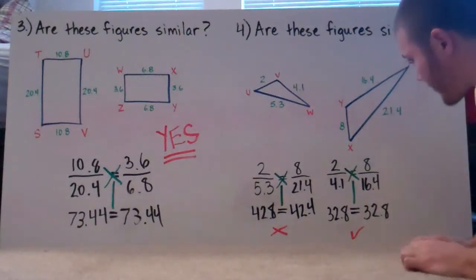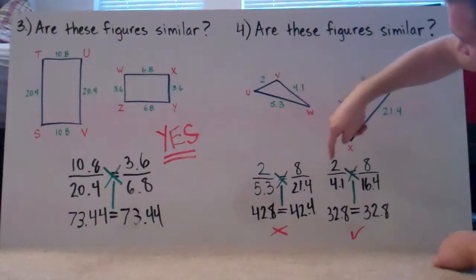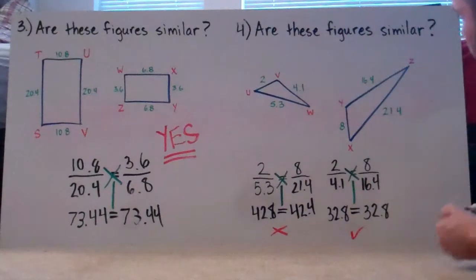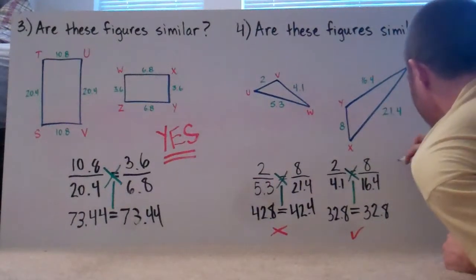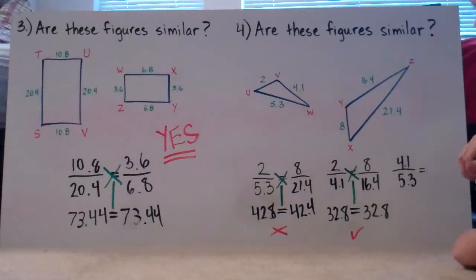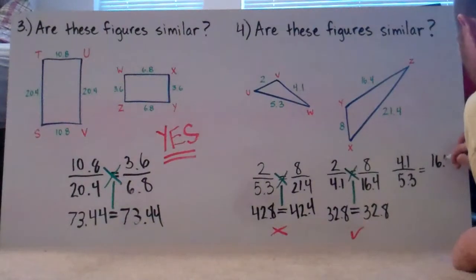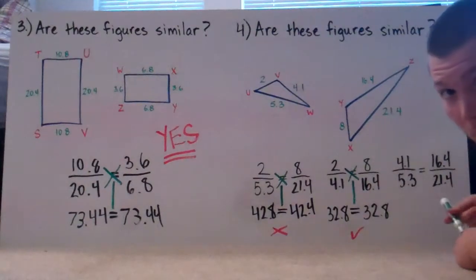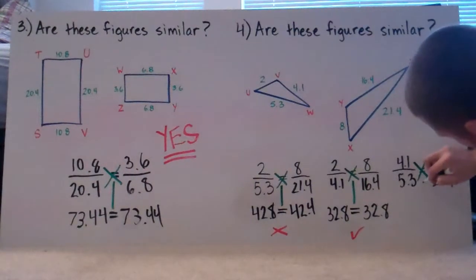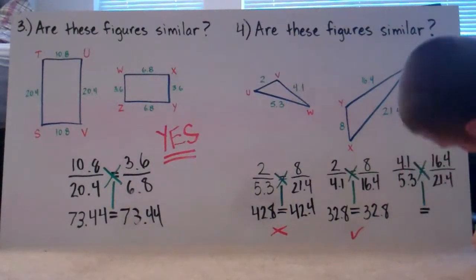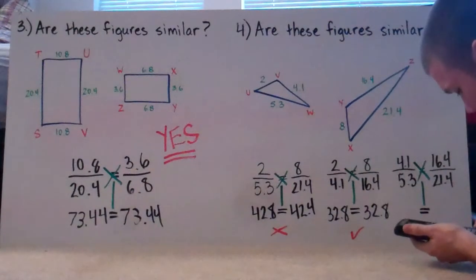And the last one: I already did 2 over 5.3, and I did 2 and 4.1. The only combination I haven't used yet is 4.1 and 5.3. So I'm going to do 4.1 over 5.3 equals 16.4 over 21.4. Last step, now I gotta cross multiply. To save everybody some time, I'm gonna bust out my calculator.